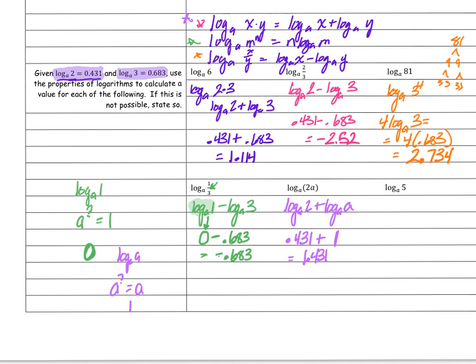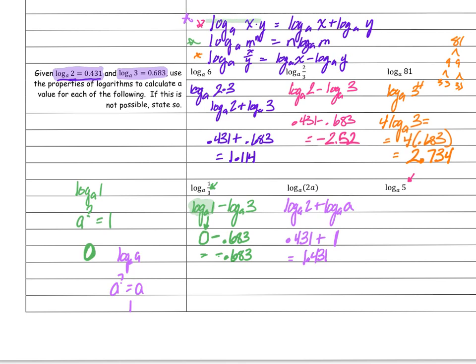Okay. And the last problem says log base A of 5. So is there any way to rewrite 5 using terms of 2 and 3? Now, before you tell me 2 plus 3, because I know that 2 plus 3 is 5, look at my rules right here that we've been talking about.